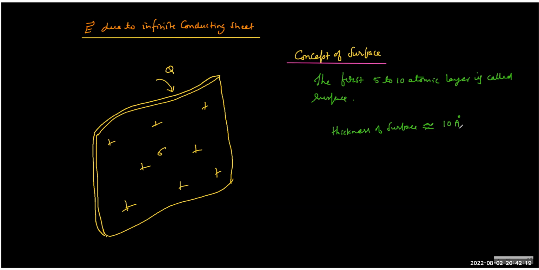I hope you know the dimension of an atom is in angstrom, and this is roughly 1 nanometer. This is exact. This is rough. So roughly the thickness over which the charge will reside is up to a few nanometers, which you can say up to a few angstrom.